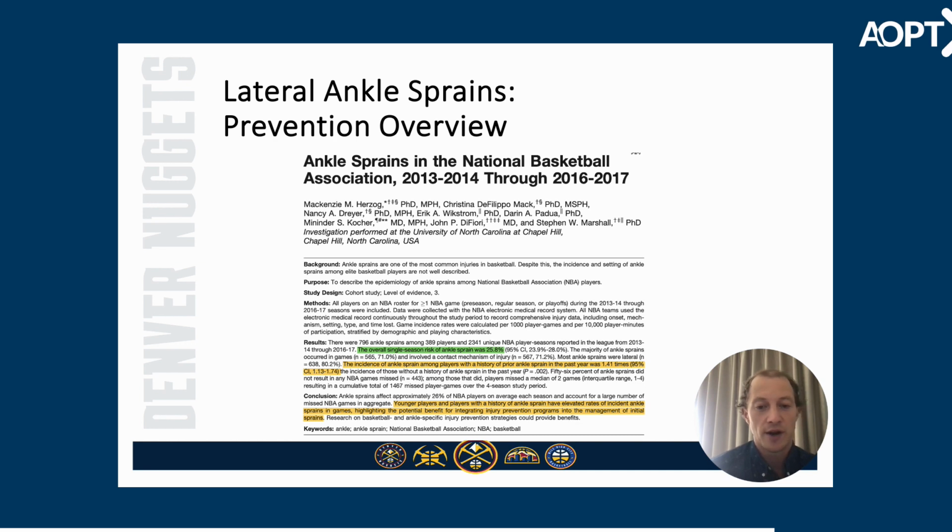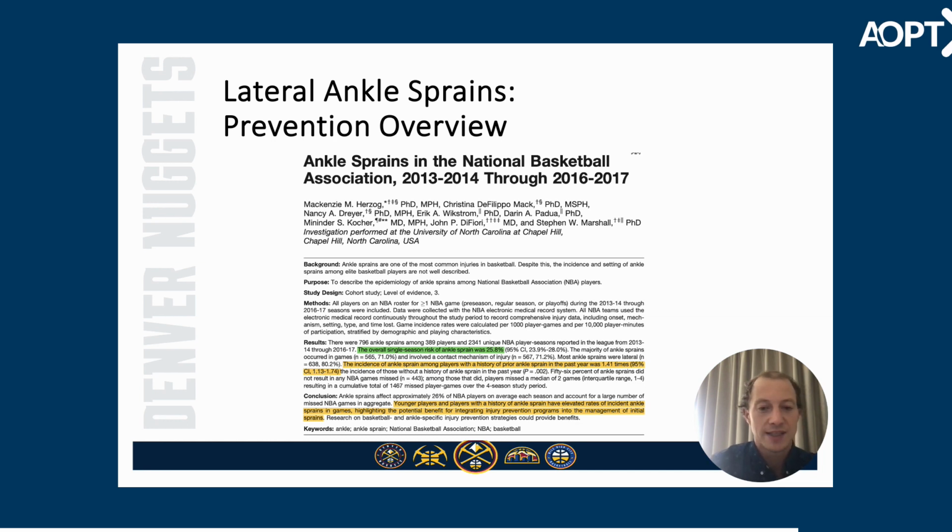However, going back out there in sport, in sport at the highest level, or even at the various degrees of levels leading up to the highest level, has been shown that ankle sprains, unfortunately, do reoccur. We can look at this article from Herzog that was published in the National Basketball Association, and that younger athletes tend to incur more and more ankle sprains, and that the odds of that ankle sprain happening both on that limb and or the other limb within a calendar year is significantly higher than those who have not sprained their ankle previously.